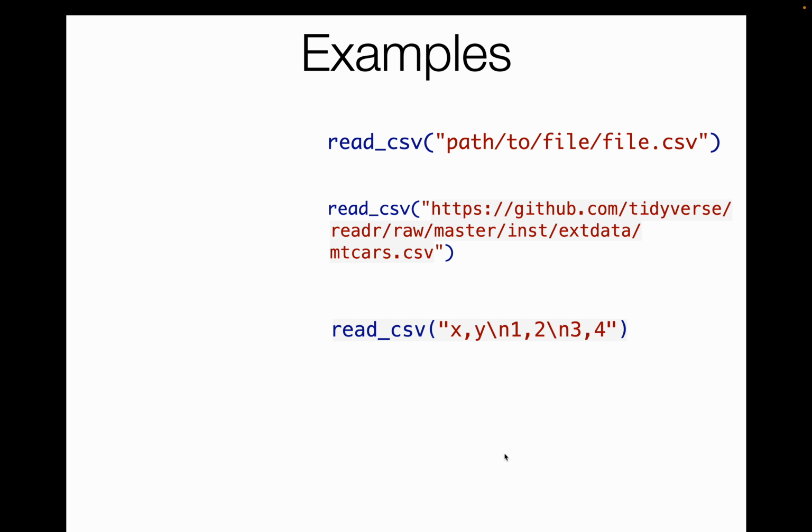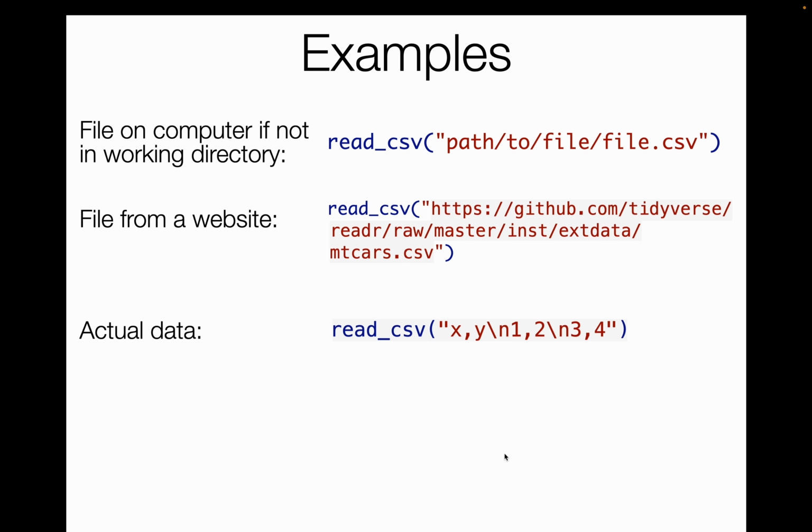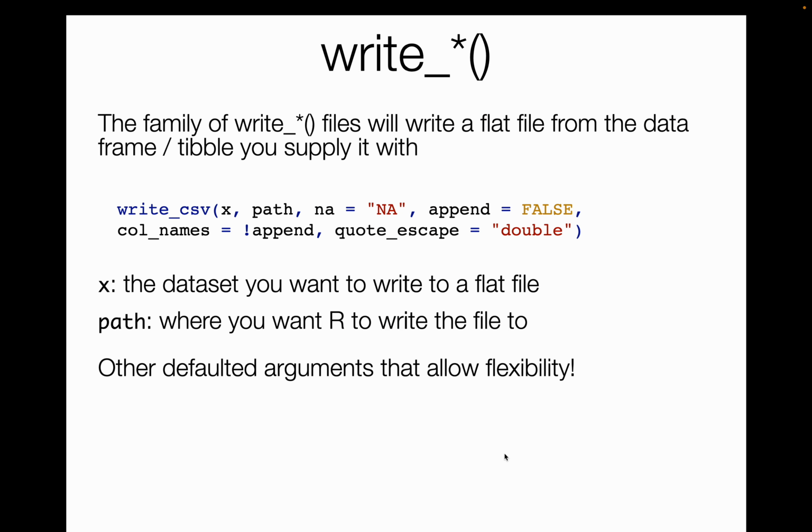So here you go, the three examples. So a read CSV, and then the three examples. A path to your file on your computer, a website address, and actual data. All right, that was read CSV.